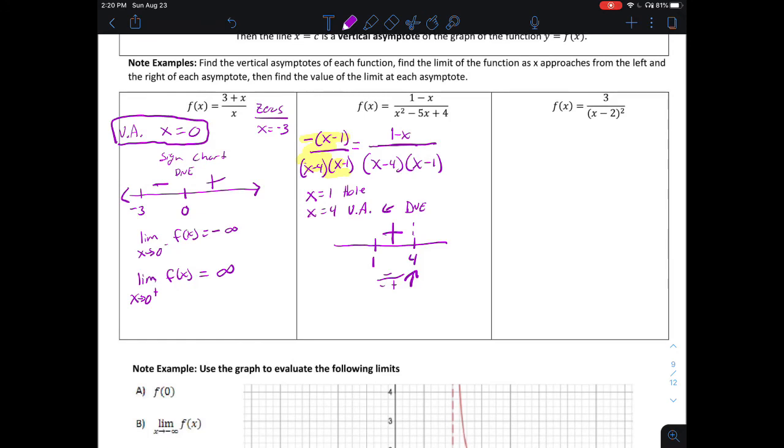Now we pick a number bigger than 4. So a number bigger than 4, in my numerator I would have a negative over positive times positive, odd number of negatives, negative output.